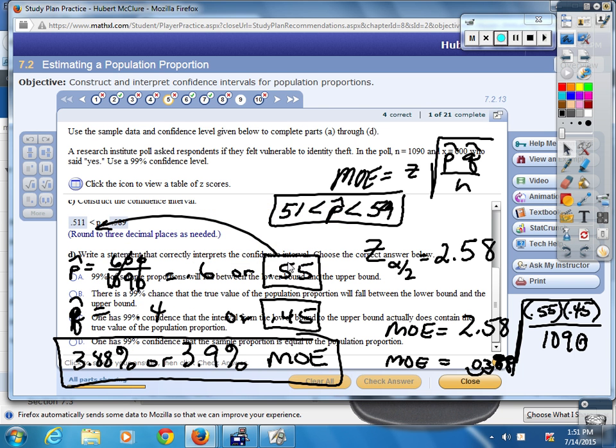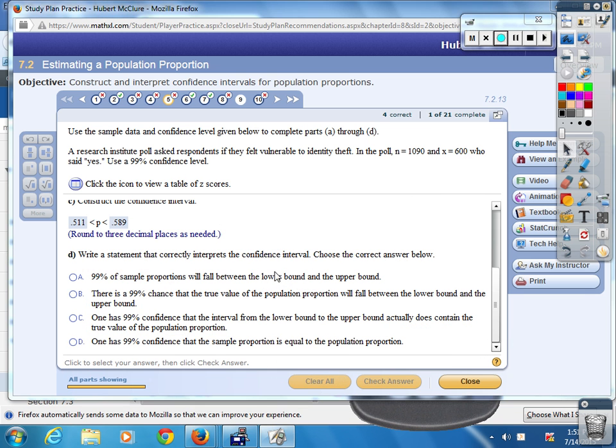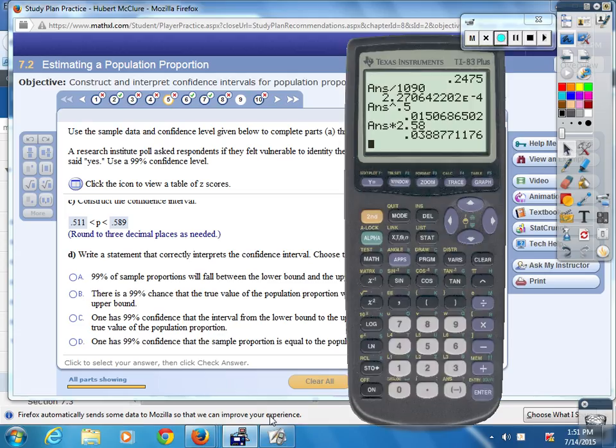And that's your confidence interval. Write a statement that correctly interprets the confidence interval. Now, they said in a poll 60%, and our confidence interval was, where's our confidence interval? 51 to 59%.